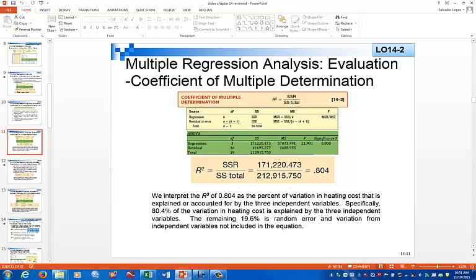We interpret the R squared, as I told you before, as 80.4% of the variation in heating costs explained by the three independent variables. The remaining 19.6% is random error and variation from other variables that we do not include in the equation.